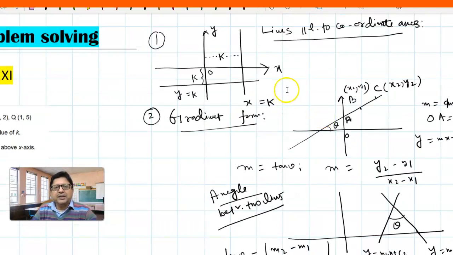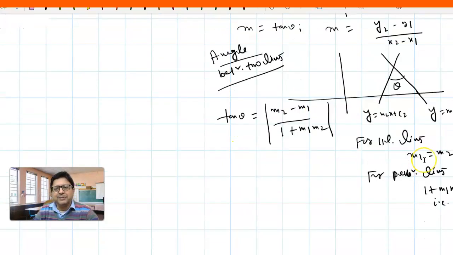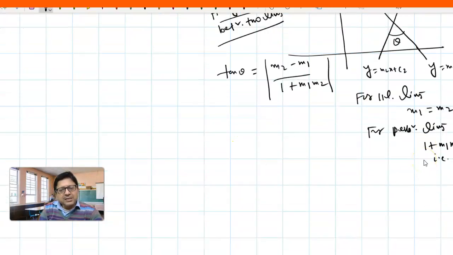So straight line parallel to coordinate axis we have learned. Straight lines in gradient form we remember. Angle between two lines we remember. Let us revise the other forms of straight line.